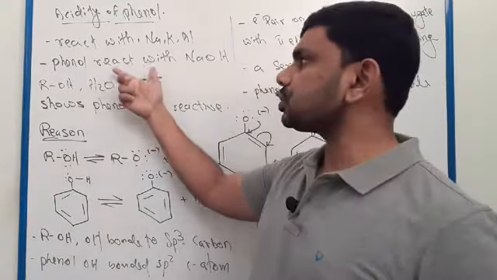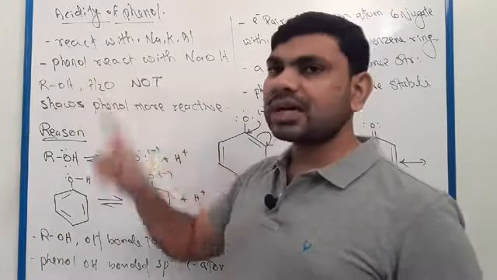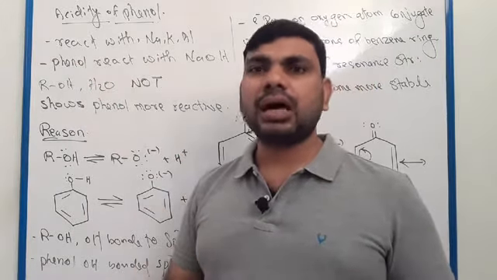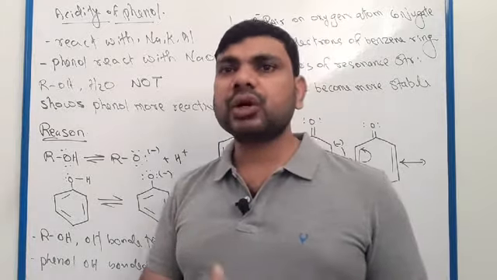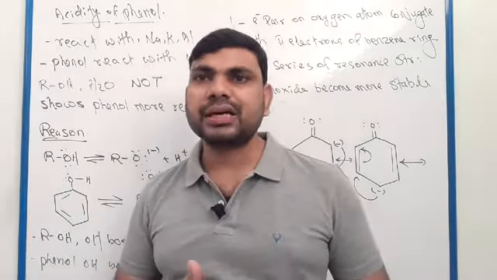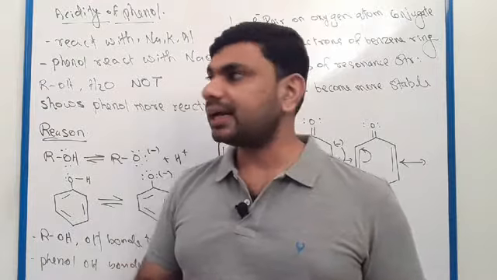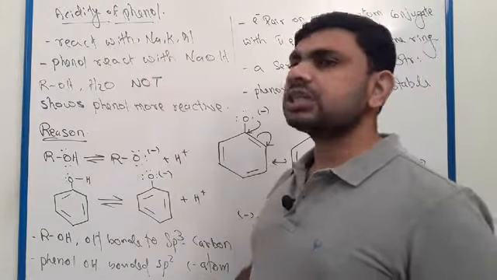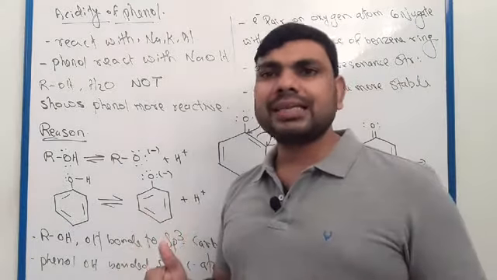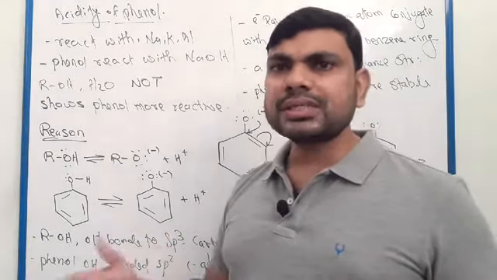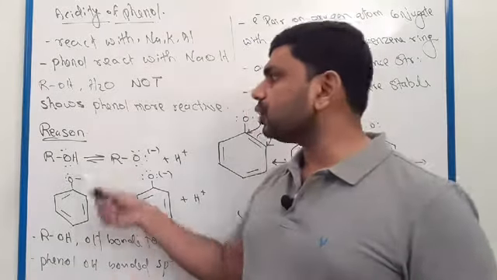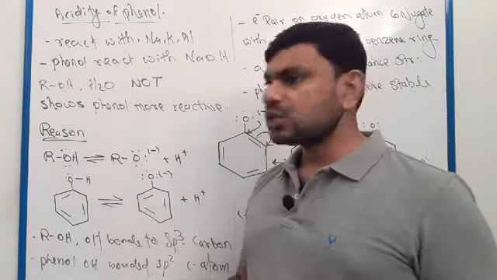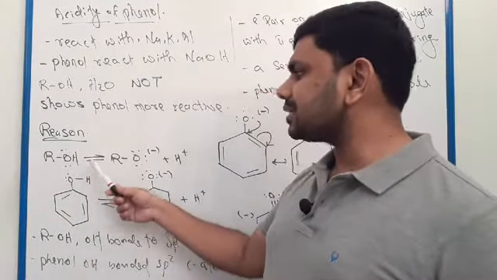Now this reaction shows phenol is more acidic than water and alcohol, because only phenol reacted with sodium hydroxide to form sodium phenoxide and water. So here we are saying that phenol is more acidic than alcohol. What is the reason for this? Why is phenol more acidic? We can explain this based on this structure.